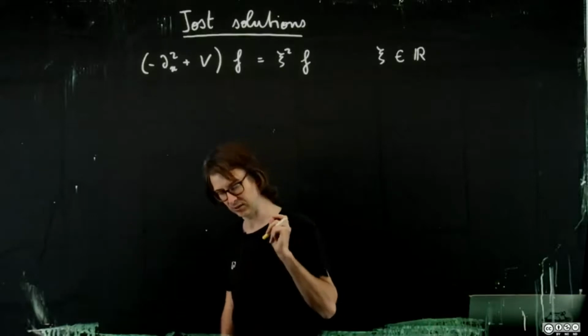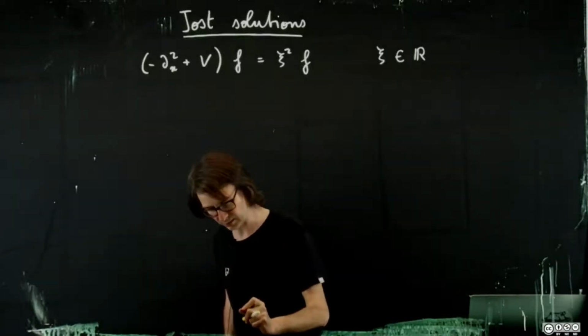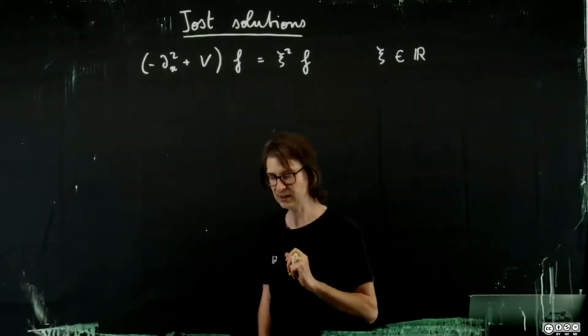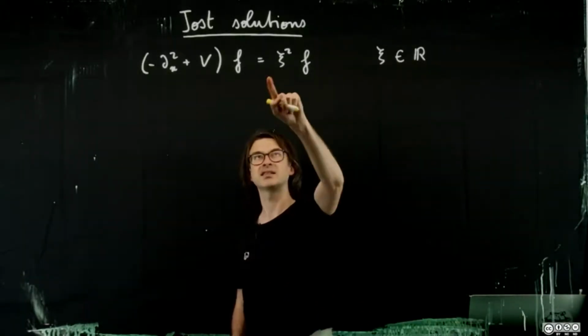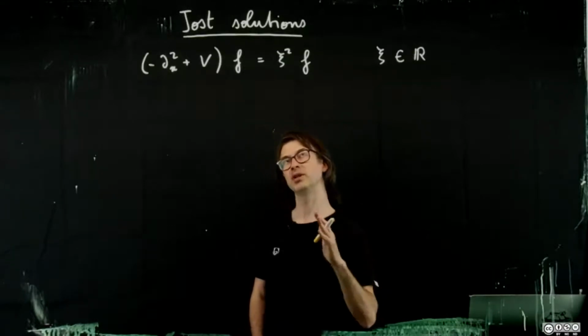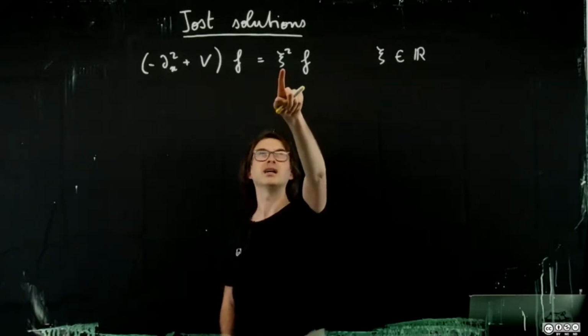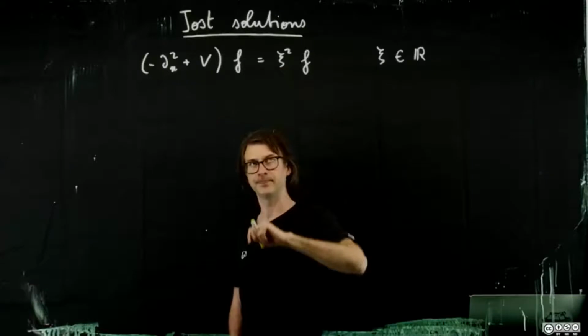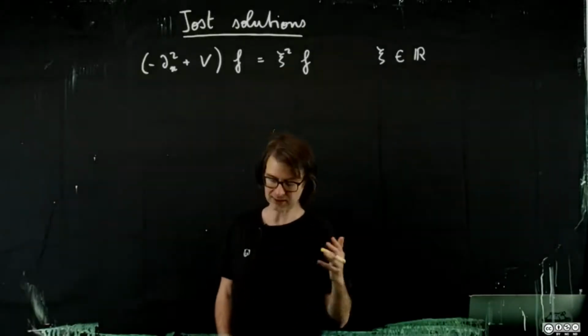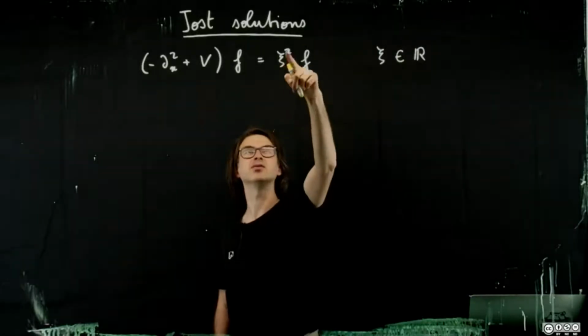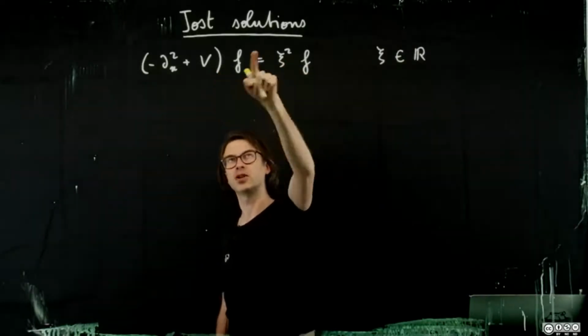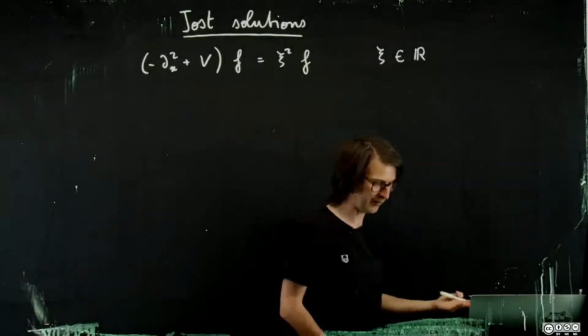And actually, the main difficulty to understand is the behavior as ξ goes to 0, because as long as ξ is positive, then the equation has an oscillatory behavior.